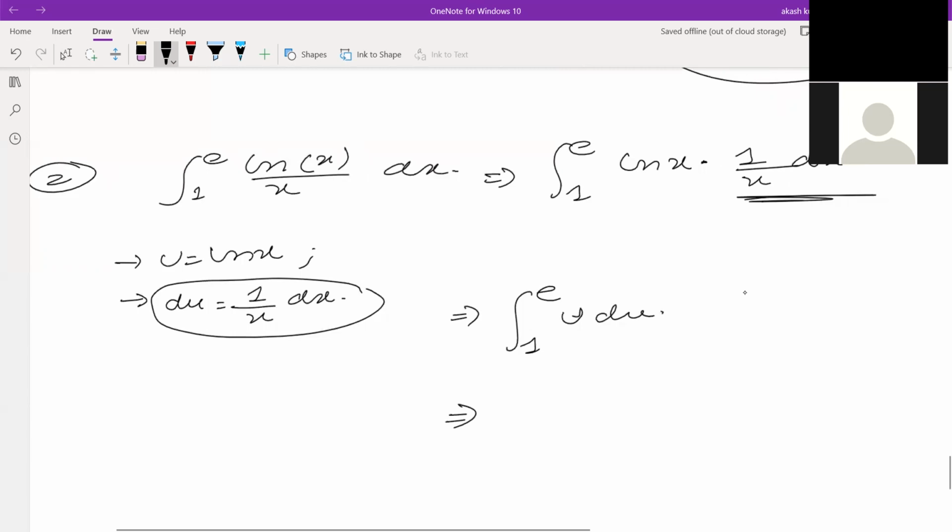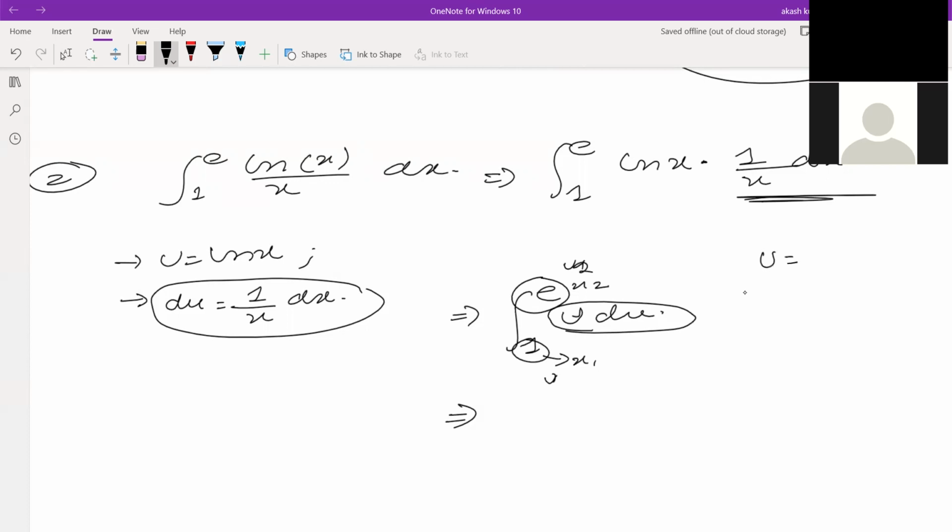This limit and this limit are both for x1 and x2, but I have my function in terms of u, so I need the limits here in terms of u1 and u2. My original function was u equals ln x. To get u1, I have to write ln x1.